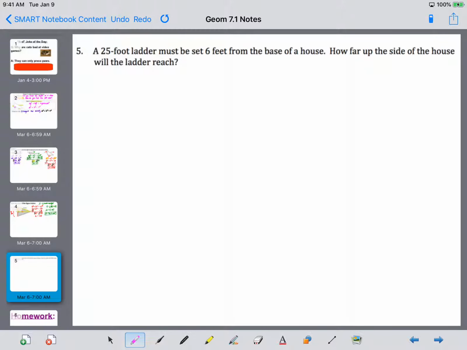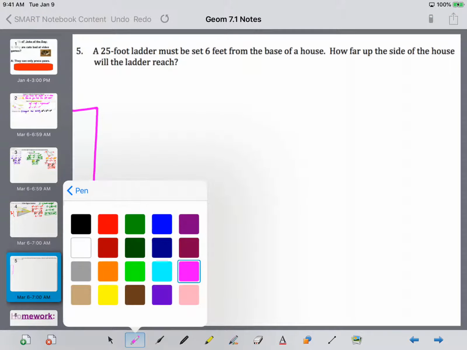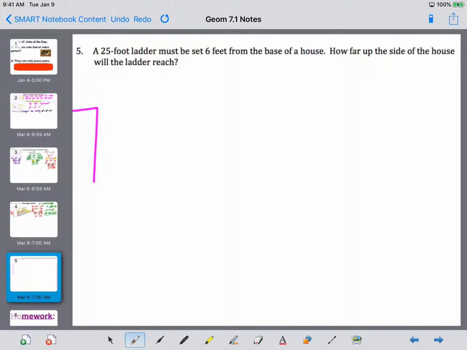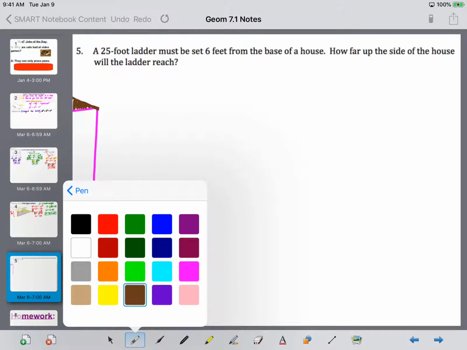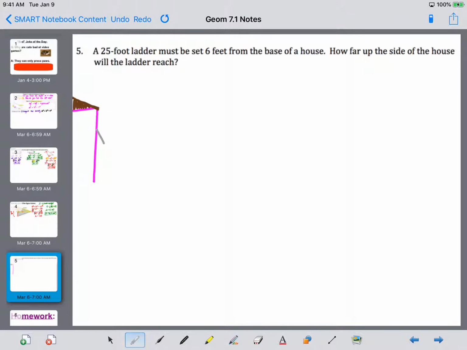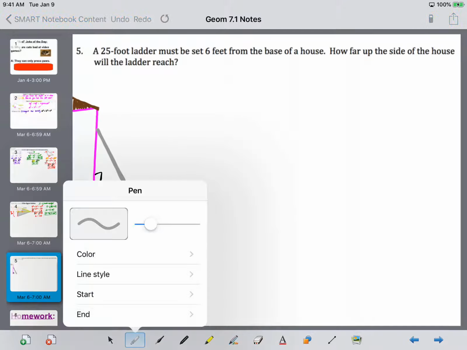All right, so let's just suppose here we've got this side of this house here, and I don't know why this house is hot pink, but we won't worry about that. And we are going to have this ladder, so I'll make that gray, why not? We've got this ladder leaning against the house here, and we'll assume that this is a right angle right here.